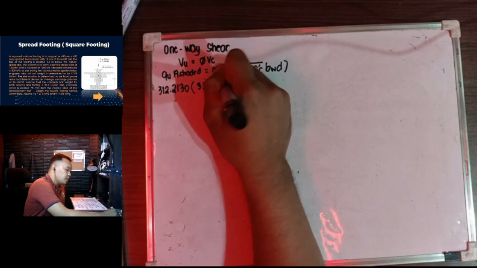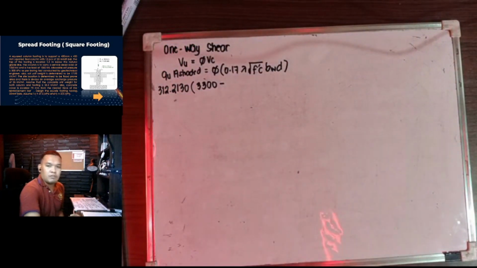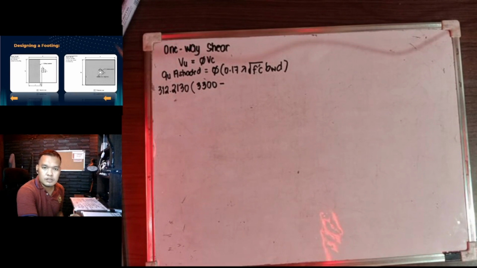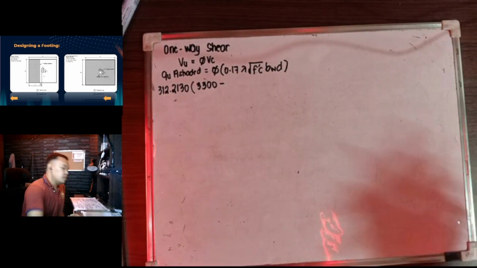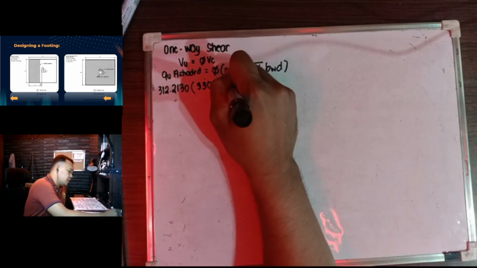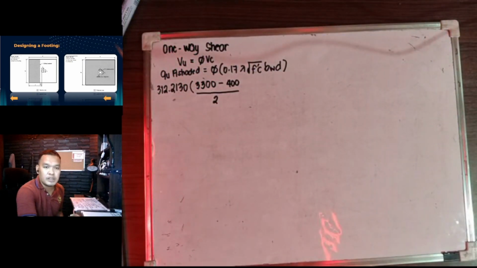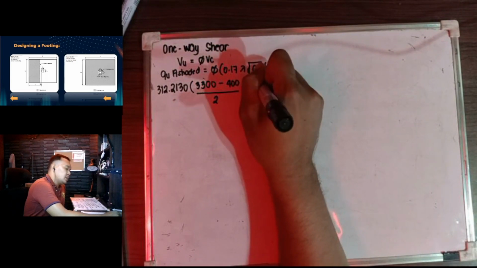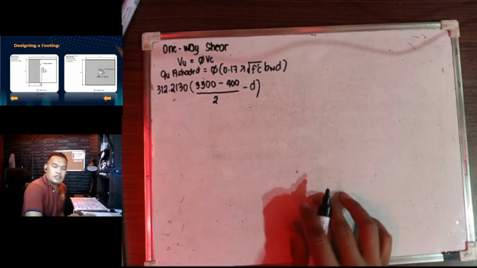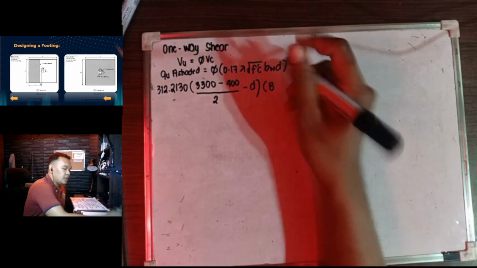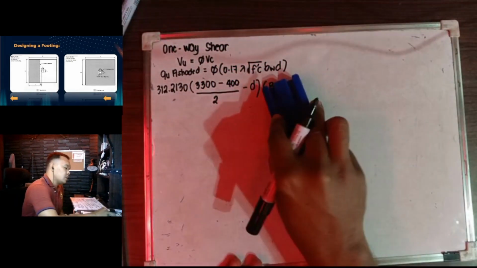3,300 minus the dimension, ito, balik na tayo. Di ba ito is 3,300 din to. So, to get the value is 400 all over 2 para makuha yung center yung c natin, minus d times bw, which is equivalent kay 3,300 yan.